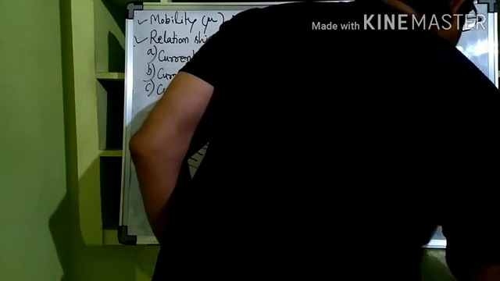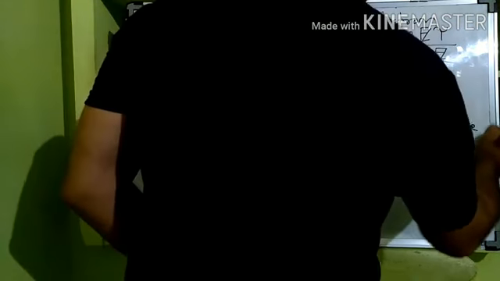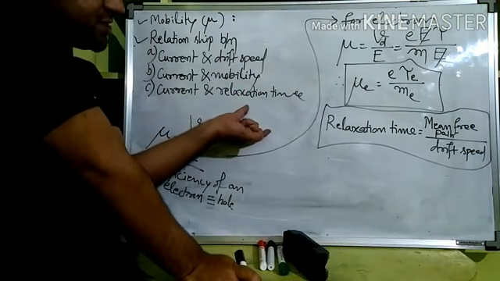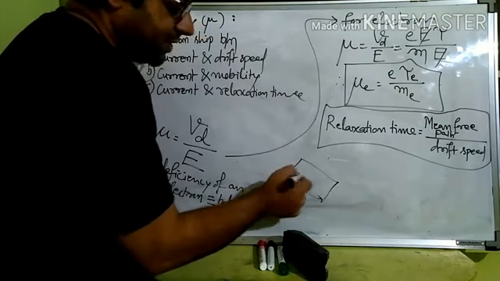is equal to mean free path divided by drift speed. Now the mean free path means the path between two successive collisions, which differs each time, right? You remember that idea again.